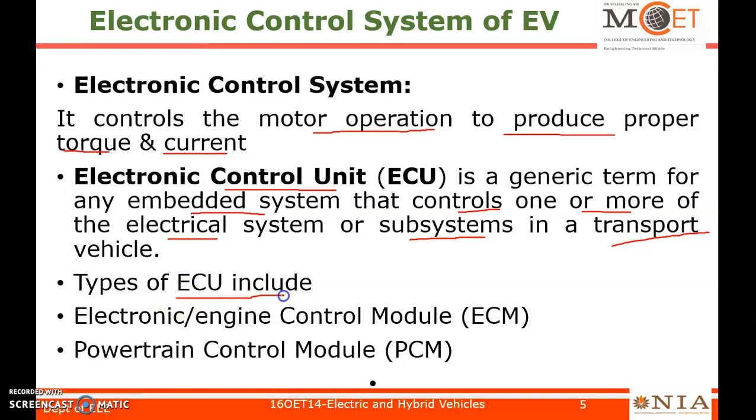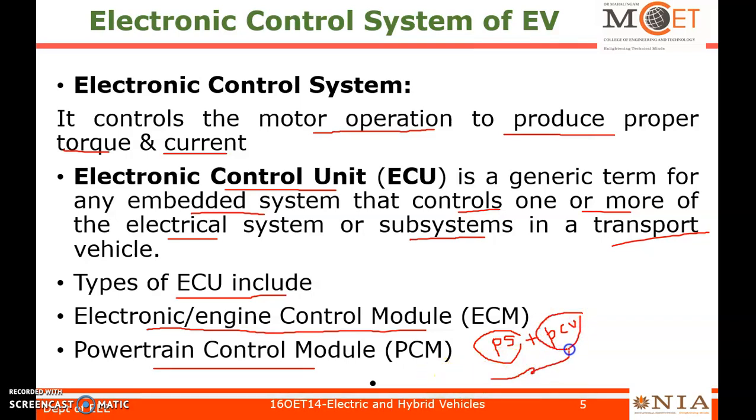The types of electronic control units are given. First is the electronic or engine control unit. This unit controls the engine or drive motor of the electric vehicle for effective operation. Second is the powertrain control module. The powertrain control module comprises the power source plus the power electronic converter unit to drive the electric vehicle effectively; the combination of these two is said to be the powertrain control module.